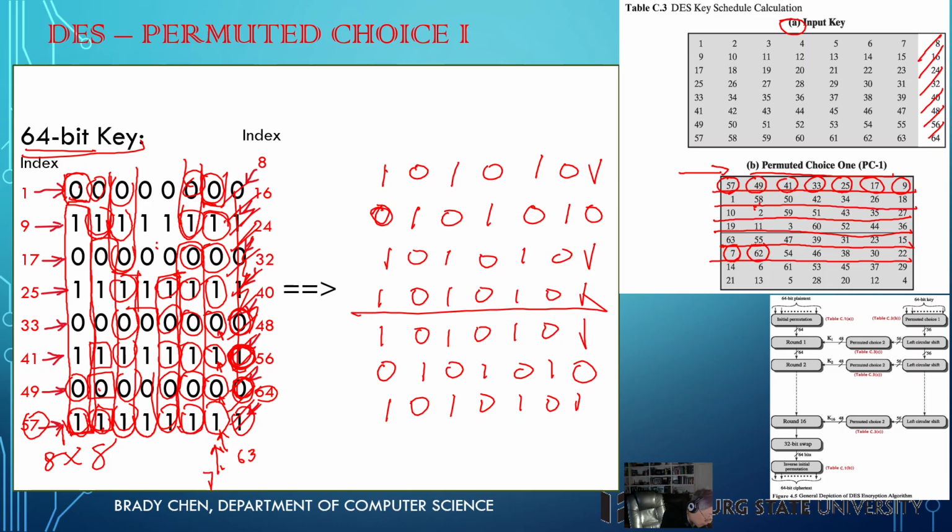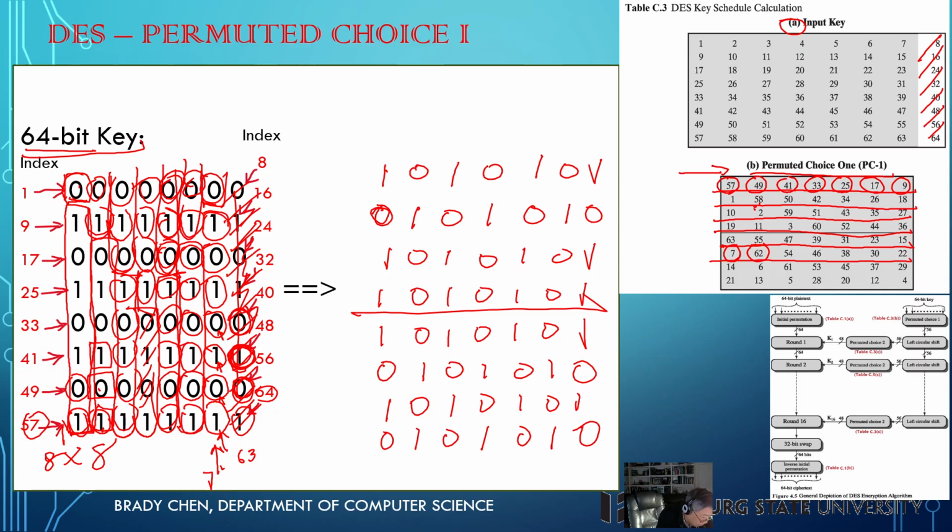So we start from here, 0 1 0. And then because that one has been counted, the remaining one is 0 1 0 1 0 1 0. Okay, so 0 1 0 1 0 1 0.